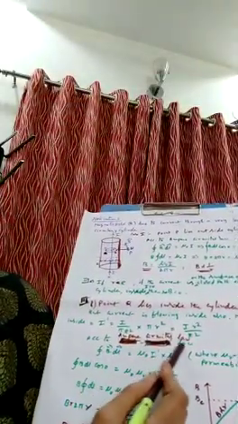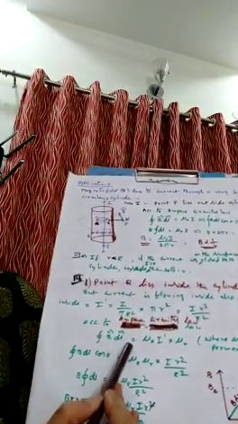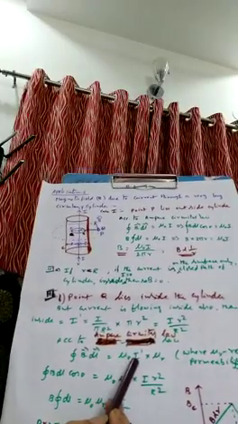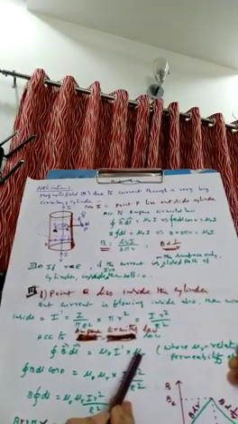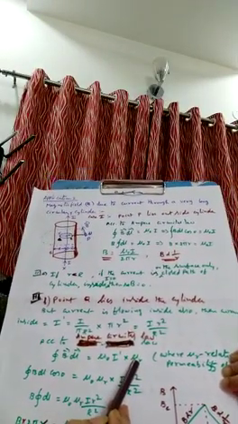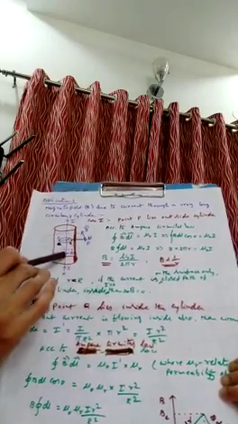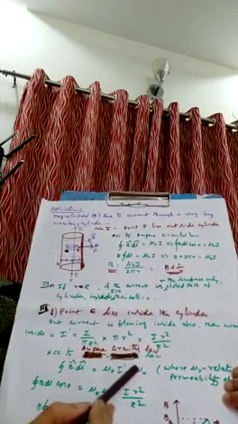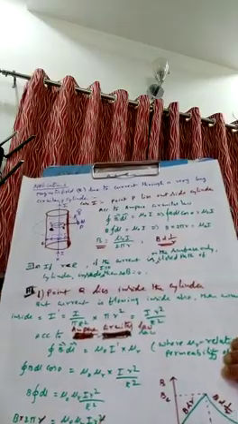So that is why according to Ampere circuital law, integral B dot dl is given by mu naught into I dash into mu r. Don't forget this here, because the medium is there inside, air is not there. So that is why we have to multiply the relative permeability here.